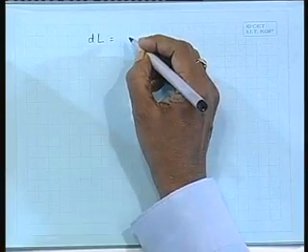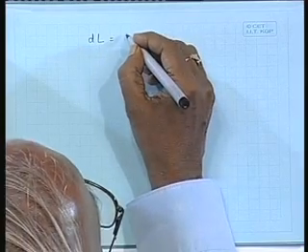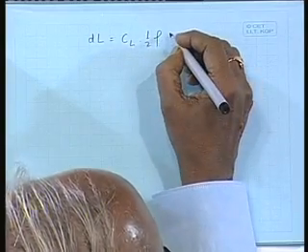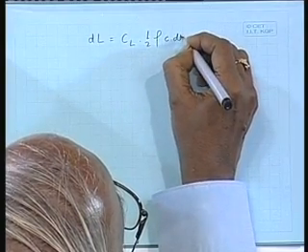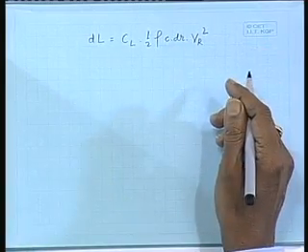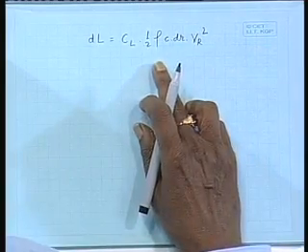So, then we can write the relationship between thrust and lift. Delta lift will be CL into half rho C into dr into Vr square. We have defined lift coefficient before.